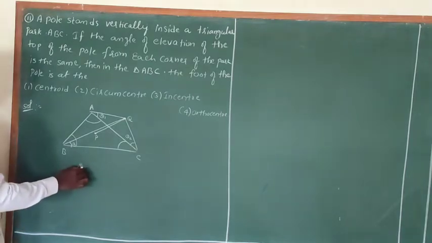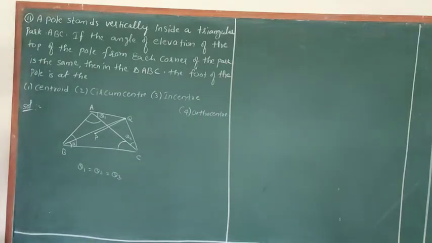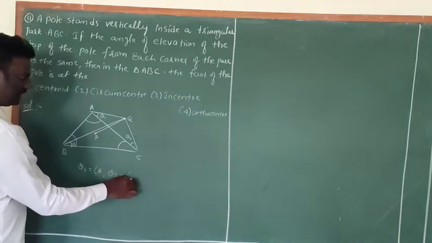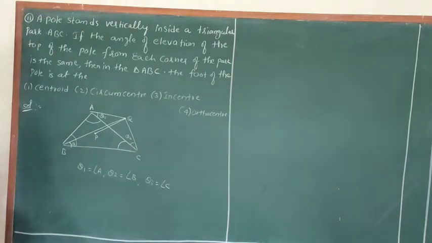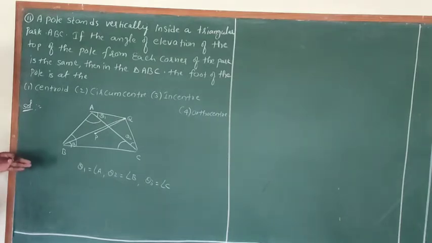Now this theta 1 is equal to angle A and theta 2 is angle B and theta 3 is angle C. Because the angle of elevation of the top of the pole from each corner of the park is the same, then in the triangle ABC, these three triangles are the same. Then we need to find where the foot of the pole is.